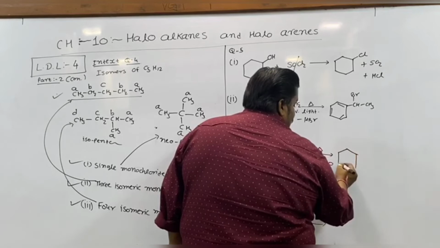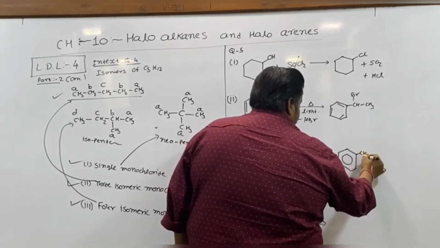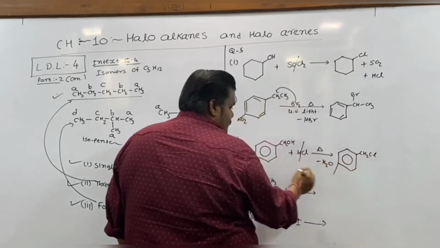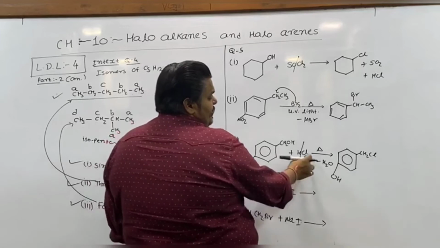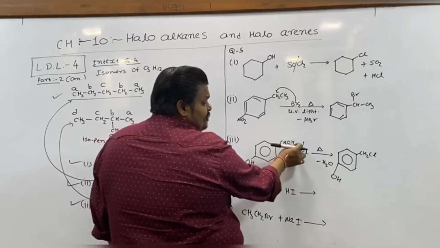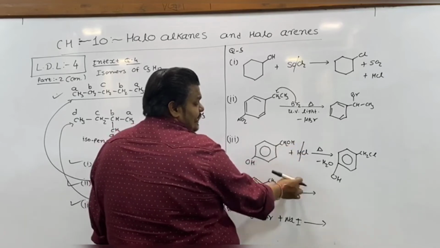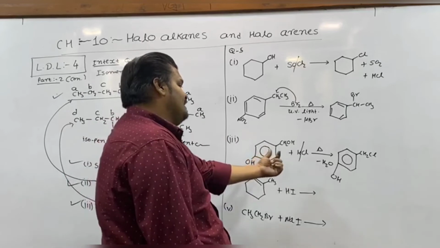We'll get substitution only in the alkyl chain, and this OH remains as it is. The OH directly associated with the benzene ring cannot be substituted by HCl. We can only substitute OH from an alkyl chain by using HCl or any halo acid.